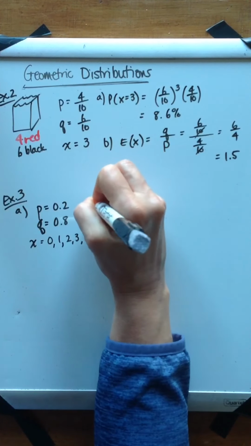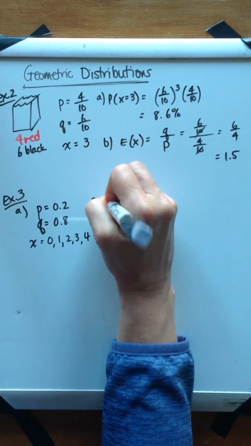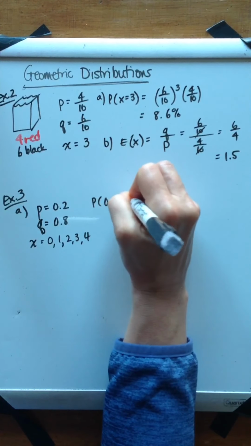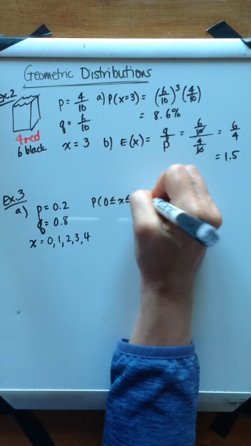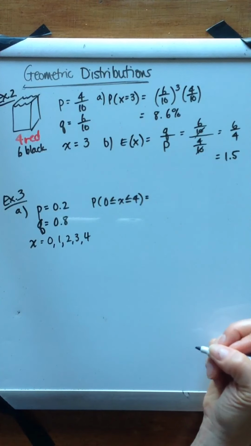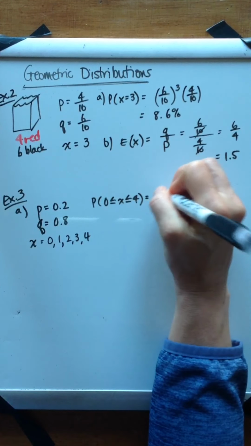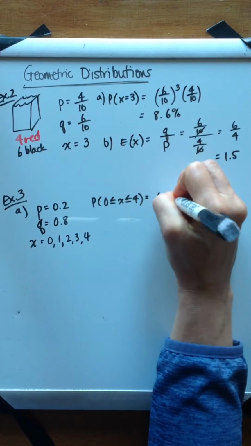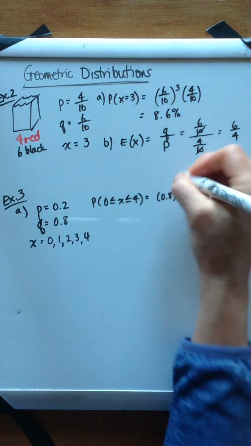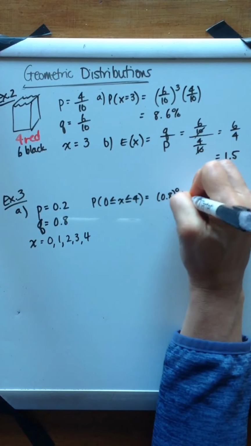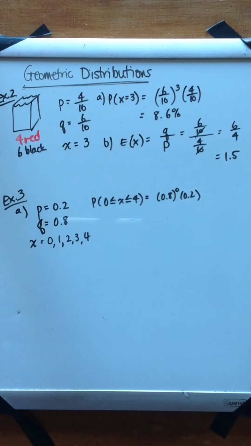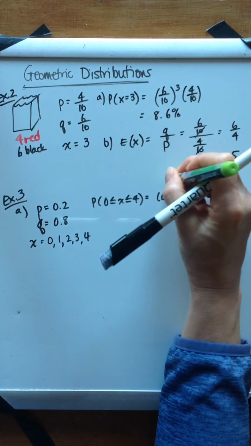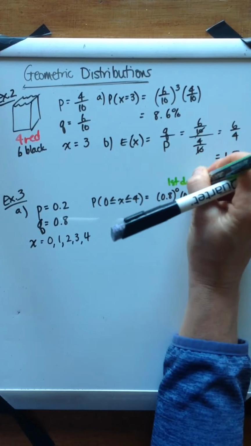So the probability when x is in between or equal to 0 and 4, we've got to do all those scenarios. So we have no failures, there's none. He or she makes it on the first day. First day on time.